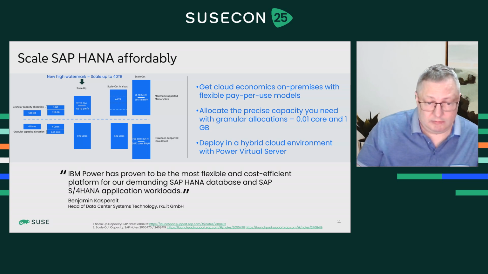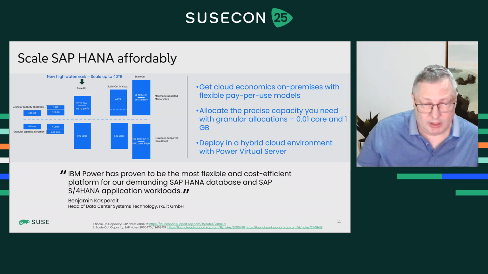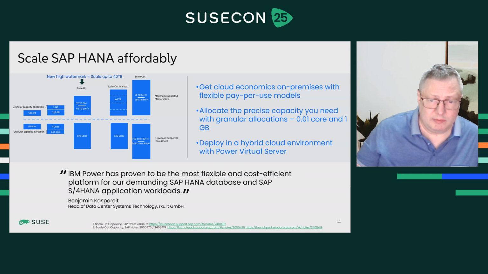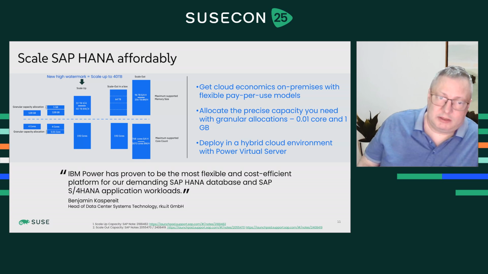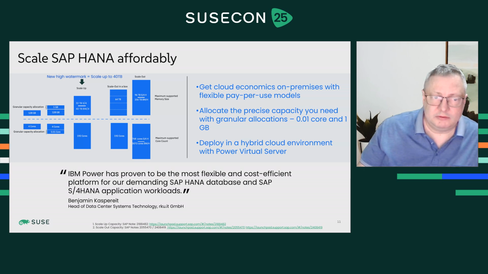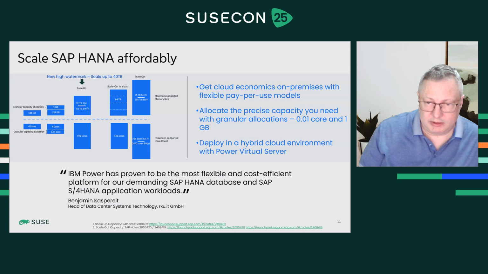And then we can also scale out, meaning we can have multiple power systems running the same SAP HANA instance. So this is much more flexible than any alternative server, for instance, Intel-based server. We have also a much finer granularity of allocation.